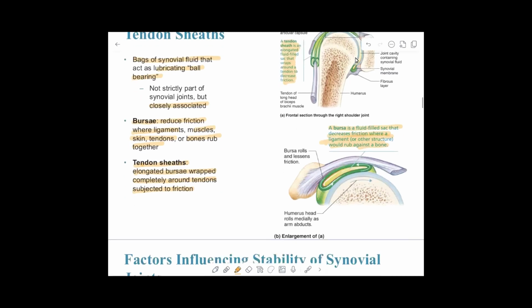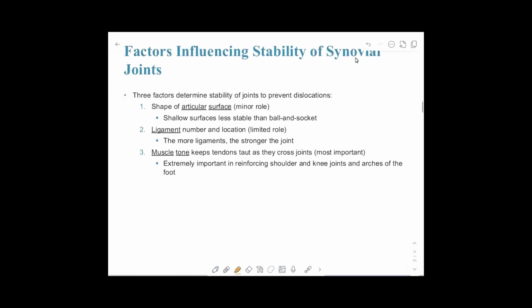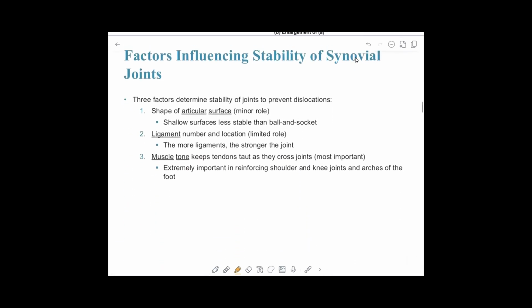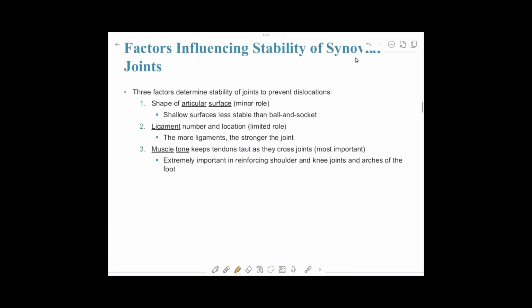Our next slide is going to show factors that influence the stability of synovial joints. And there's three main factors that influence the stability of joints. The first of which is the design of the joint or the shape of the articular surface.